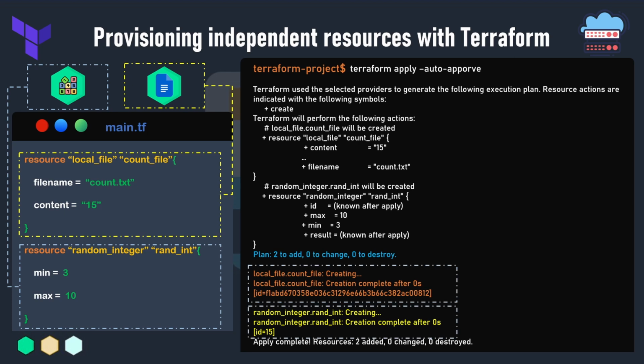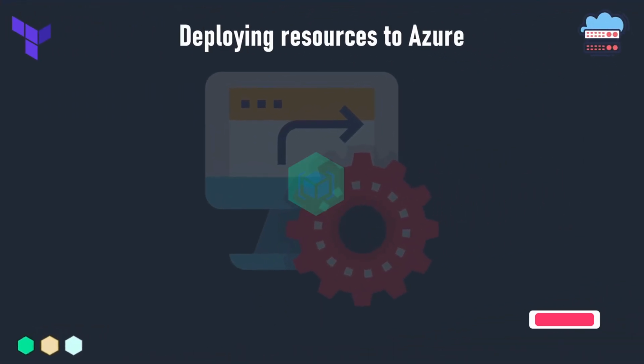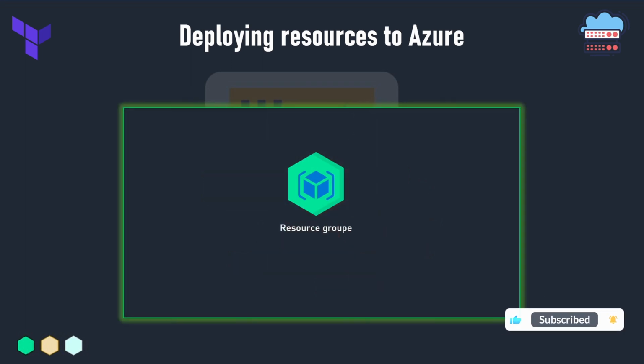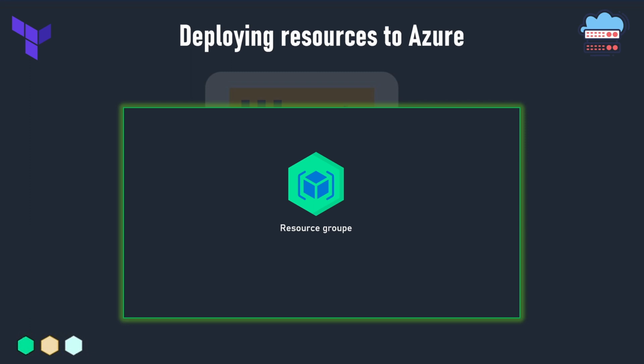In real-world scenarios, a resource may depend on another resource or a group of resources. For example, in Azure, we have what we call a resource group, which is a logical container for grouping and managing Azure resources. It serves as a way to organize and manage resources based on their life cycles, their applications, or their environments.